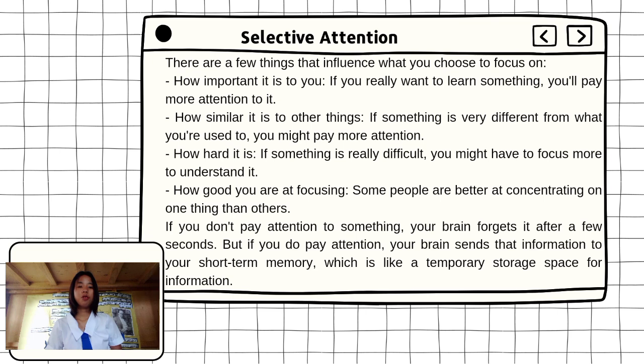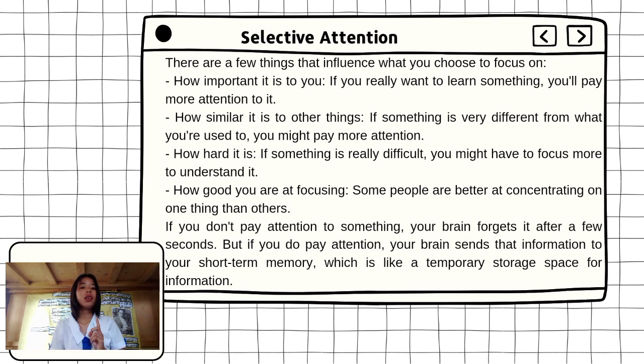So, before we proceed to the next components, there are a few things that influence what you choose to focus on. First is how important it is to you. If you really want to learn something, you pay more attention to it. Second is how similar it is to other things.